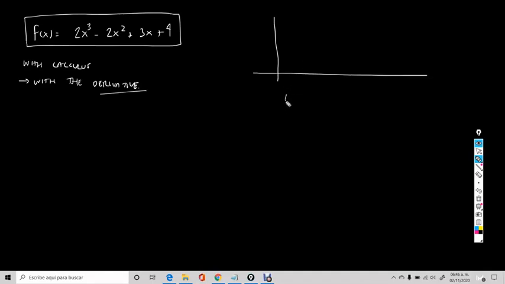For example, if we have this function f, you can agree that the function is increasing over this interval from infinity to a, and then it's decreasing from a to b, and then it's again increasing. Now, remember that the derivative helps us find one thing, and that one thing is, at this point, finding the slope of the tangent to the graph of this function at any point I want.